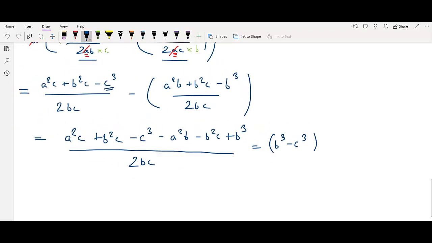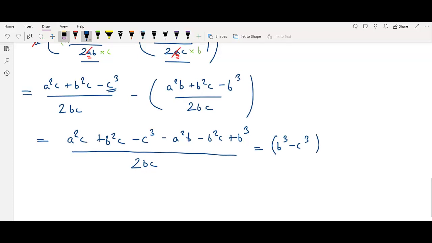Oh, by the way, I just realized that I had some mistake here. This is not supposed to be b square c, this is supposed to be bc square. Okay, otherwise these two terms will just cancel out, and that is not so good.